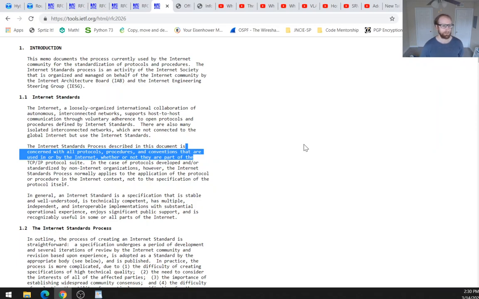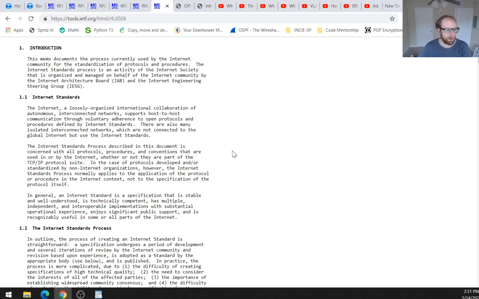The Internet standards process described in this document is concerned with all protocols, procedures, and conventions that are used in or by the Internet, whether or not they are part of the TCP/IP protocol suite. In the case of protocols developed and or standardized by non-Internet organizations, however, the Internet standards process normally applies to the application of the protocol or procedure in the Internet context, not to the specification of the protocol itself.